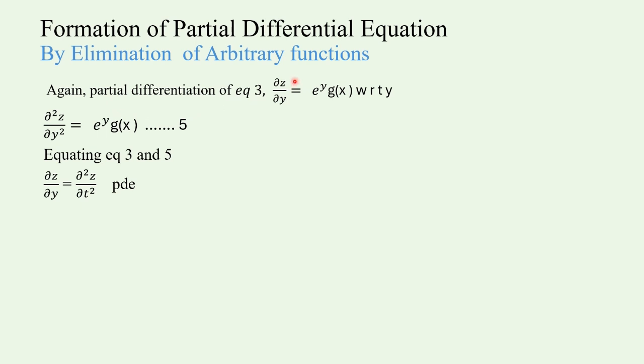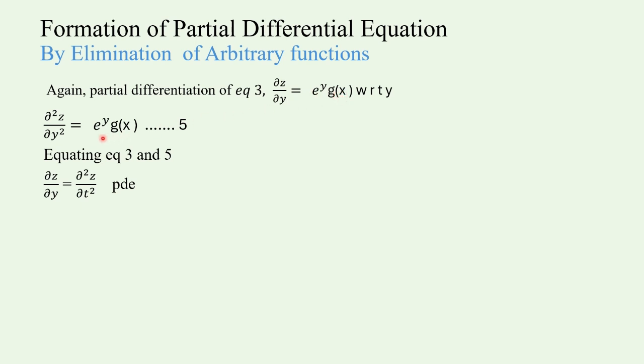Now again partially differentiating equation 3, that is dou z by dou y is equal to e to the power y g of x, with respect to y. We get dou square z by dou y square is equal to, differentiation of e to the power y with respect to y will be e to the power y, and this g of x will be same, because when we differentiate with respect to y, x will be considered as constant.